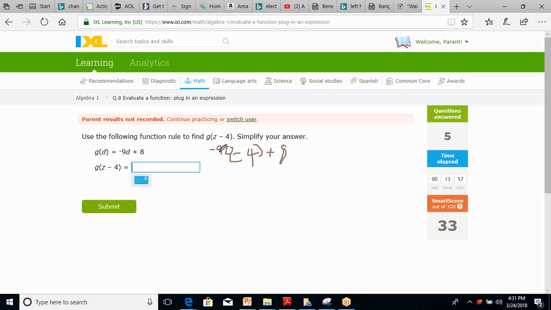So 9 times z, you're going to get minus 9z. 4 times 9 is 36, so you're going to get positive 36 because minus times minus. So that's positive 36 plus 8, that is 44, right? So your answer is going to be minus 9z plus, we say 36 plus 8, that's 44.